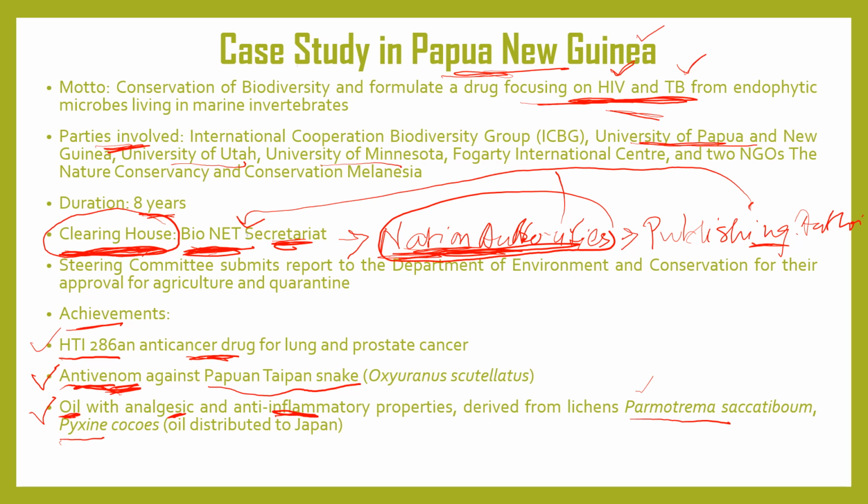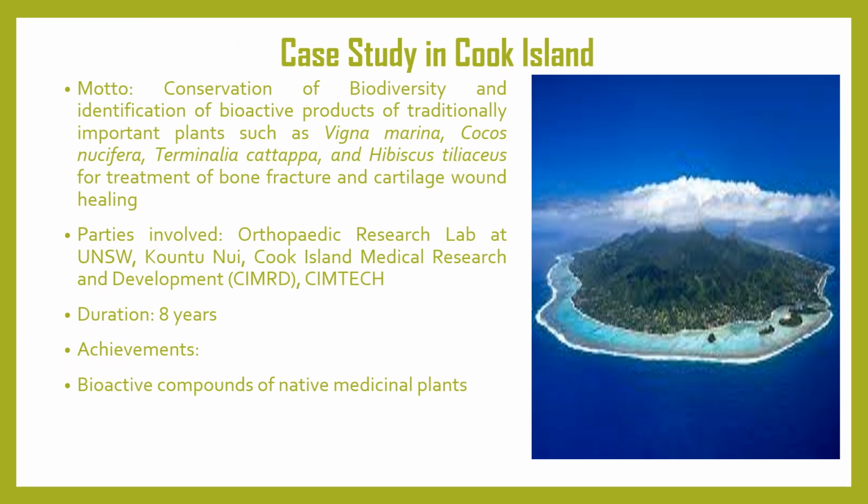If mutual agreement is possible, then only this sharing will be done, and the benefits of sharing these genetic resources will be shared equally, that is 50-50%. These benefits can be both monetary and non-monetary. This entire process of clearinghouse and national authorities is common for all the case studies.